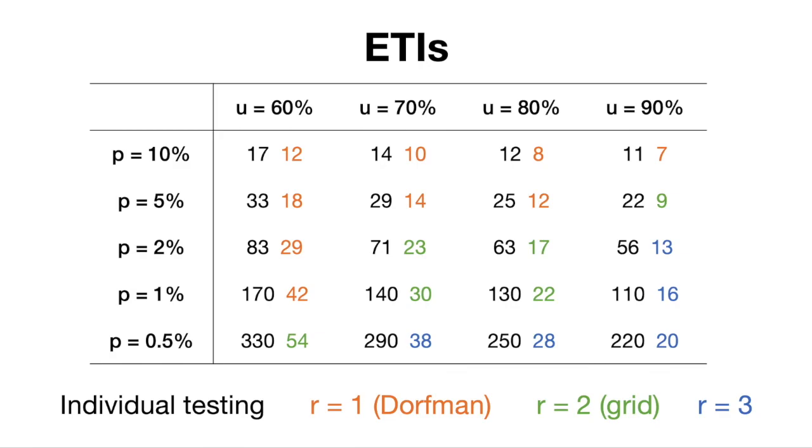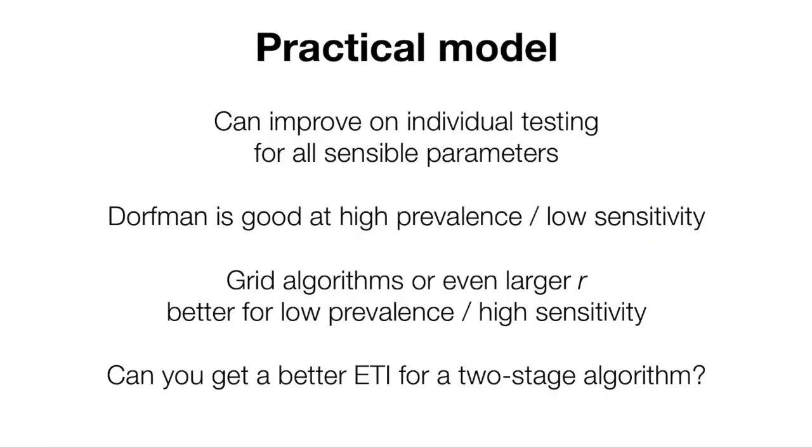The green ones are where the grid algorithm, R equals 2, is best. Blue is where R is 3. Note that Dorfman is used at high prevalence or low sensitivity, whereas R gets bigger for low prevalence and high sensitivity. And that's also where the gains over individual testing are the best, because the ETI is much lower, so it's fewer tests per infected individual found.